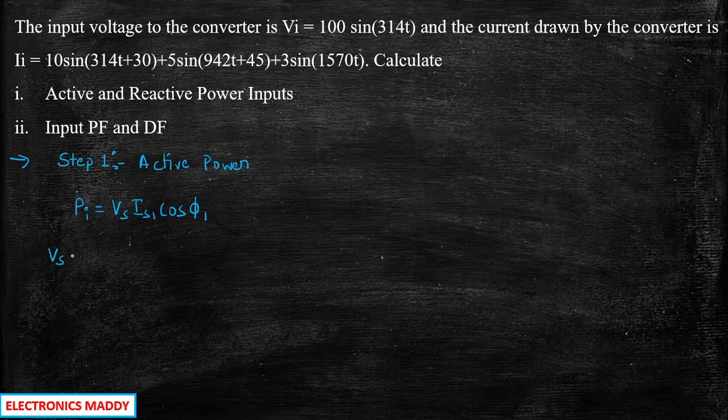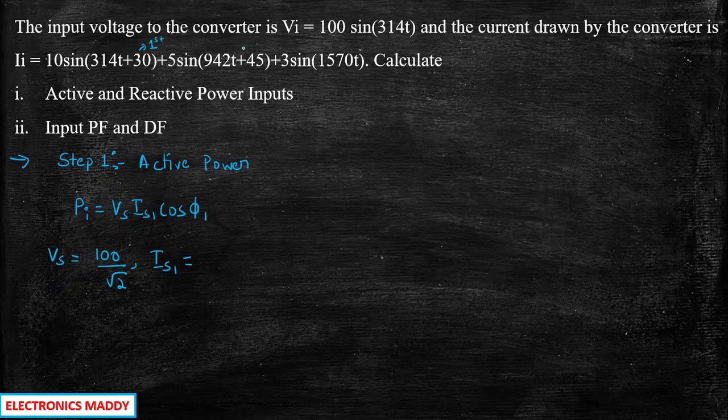Vs is the RMS value of the secondary supply voltage that we had seen. Here, the RMS value of this input is 100 divided by root 2. And the RMS value of the fundamental component of the secondary current, Is1, is given by, if you carefully observe, this term is with respect to the first harmonic.